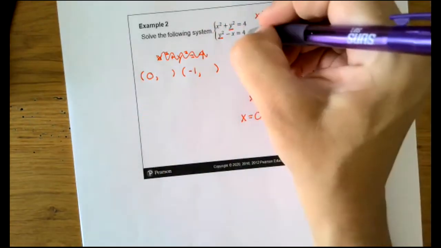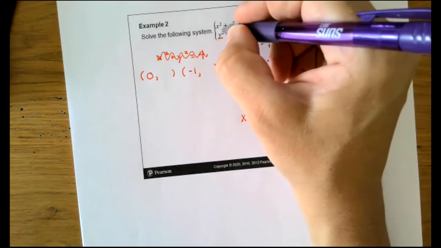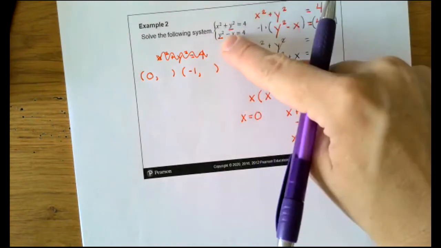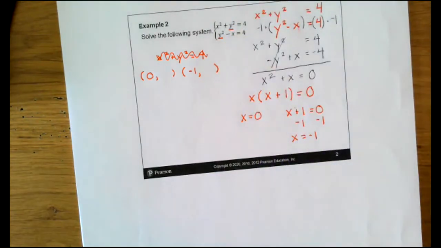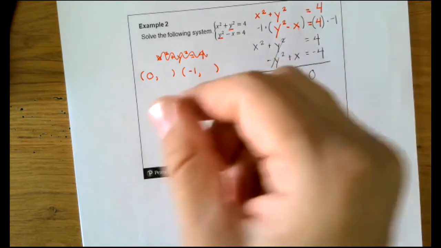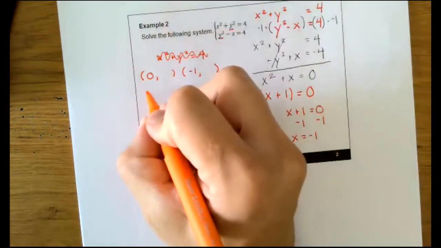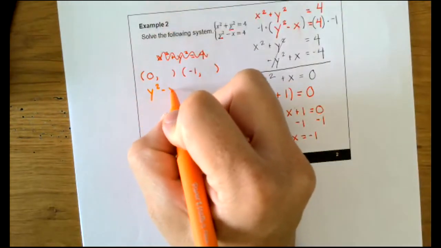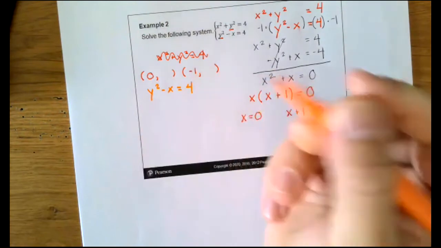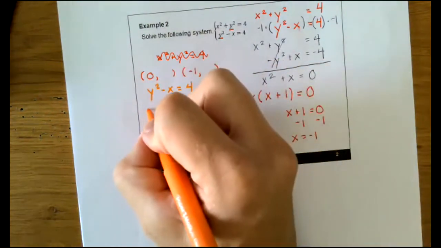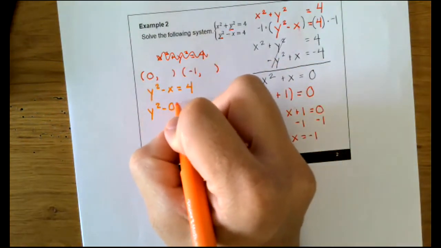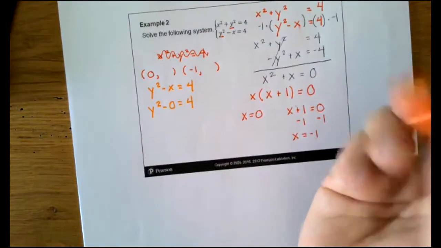To find the y values, we just put 0 into either of these. I'll use the one with only one exponent 2: y squared minus x equals 4. X is 0, so now it's y squared minus 0 equals 4.